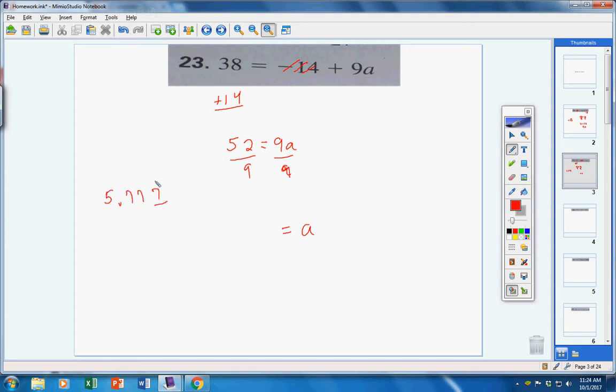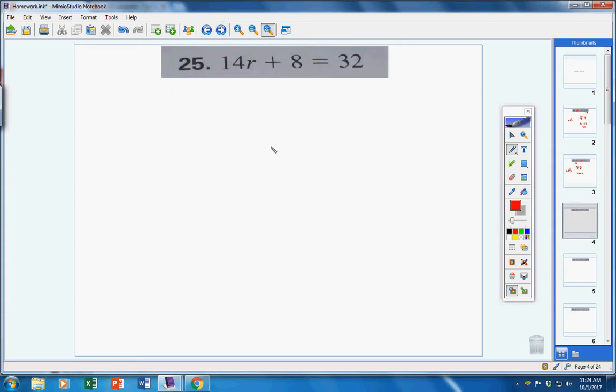This 7 here tells you to raise this 7 to an 8. So your answer would be 5.78.